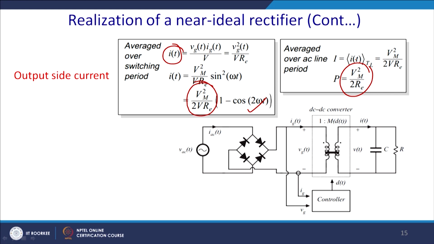So, this is the overall topology and the realization of the near ideal PWM rectifier. Now, we shall continue our discussions in our next class with the different kinds of PWM rectifier, and its application, how we can achieve this desired feature by this technique.